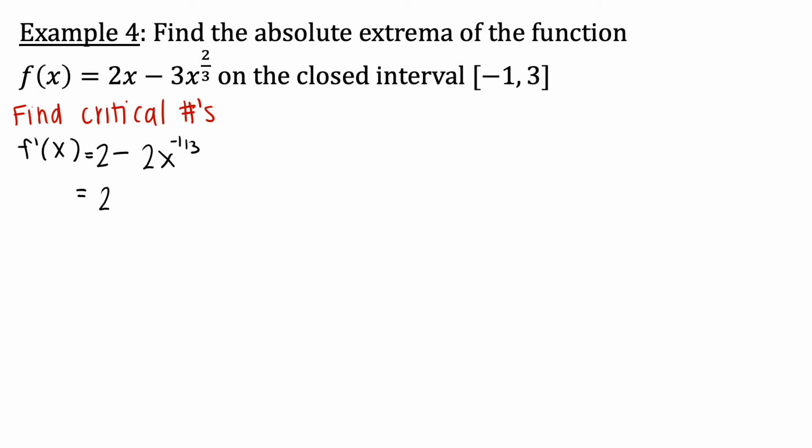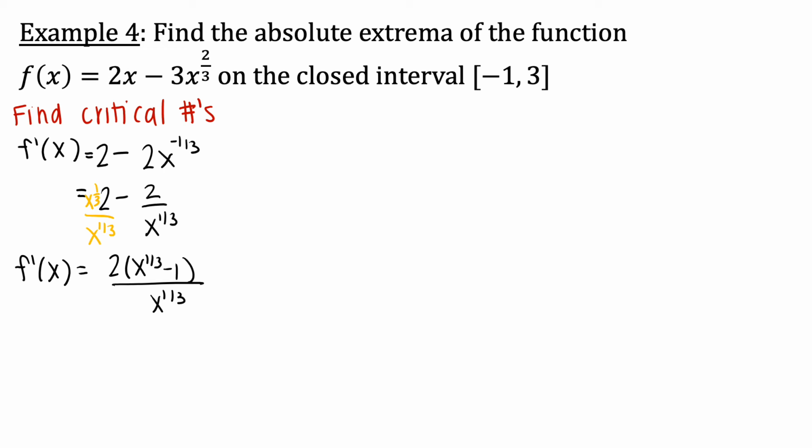So let's make this say 2 minus 2 over x to the 1/3, and then finding that common denominator, x to the 1/3 over x to the 1/3. We can write our derivative, f prime of x, as 2 times x to the 1/3 minus 1 over x to the 1/3.